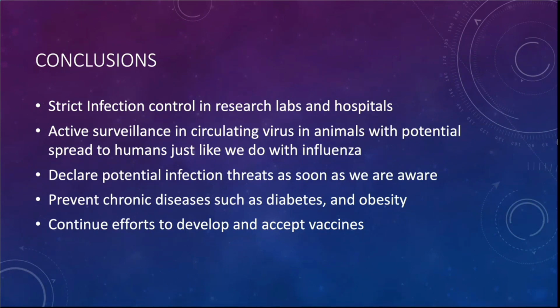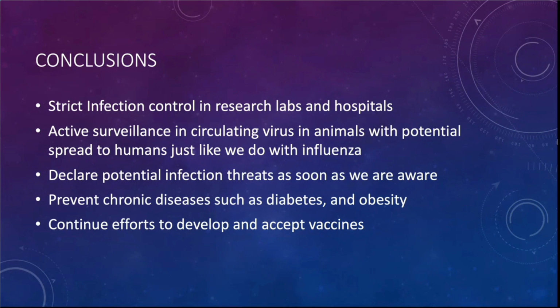Active surveillance of circulating viruses in animals with potential spread to humans, just like we do with influenza, needs to take place. There are still many virologists trying to search for these viruses that can potentially jump from one species to another, endangering our population.